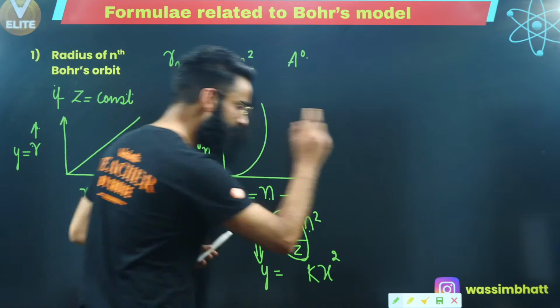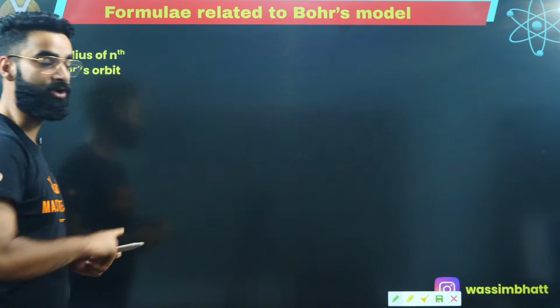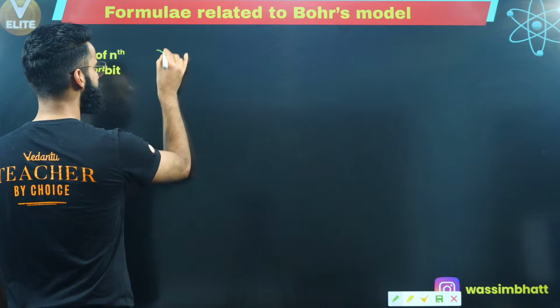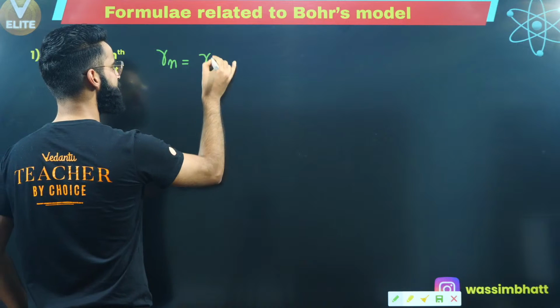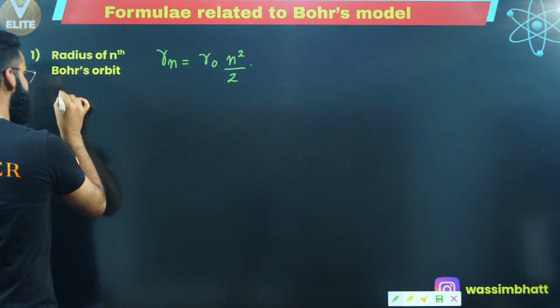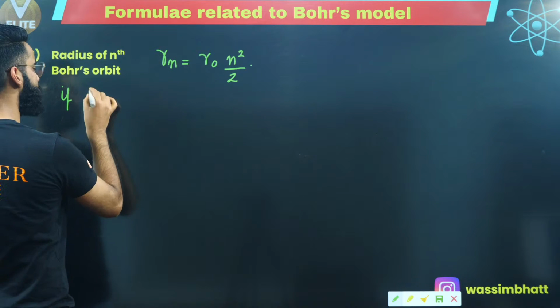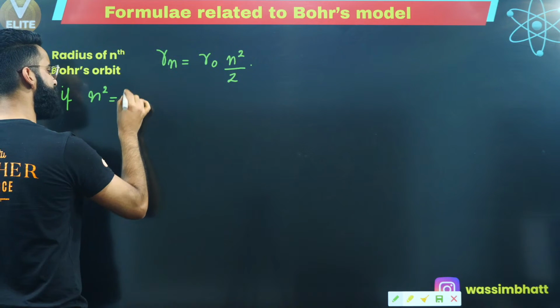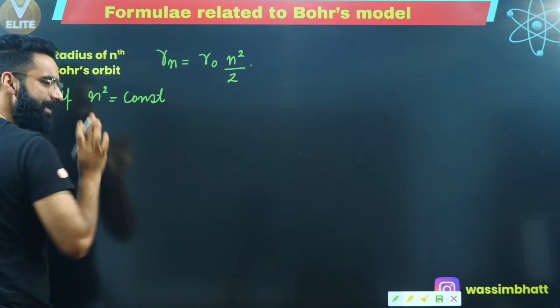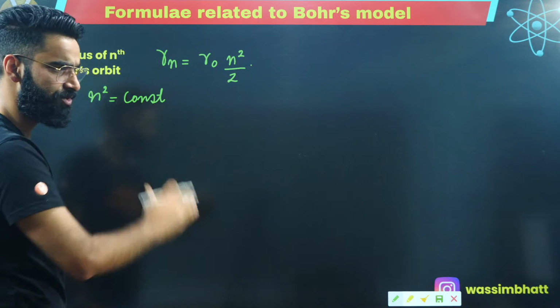Now people, apart from these two curves, there are two more curves regarding radius which I need to plot over here. First of all, you should know the formula. Radius of the nth orbit is equal to r naught n square upon z angstroms. Okay. Now in the second case, I'll keep n as constant, that actually means n square is automatically constant.